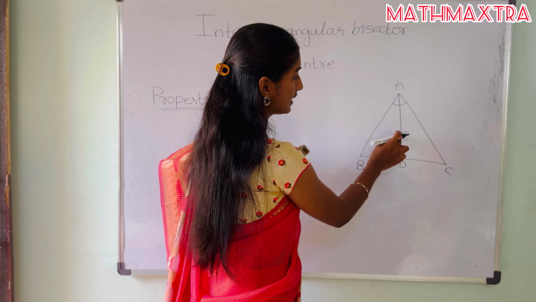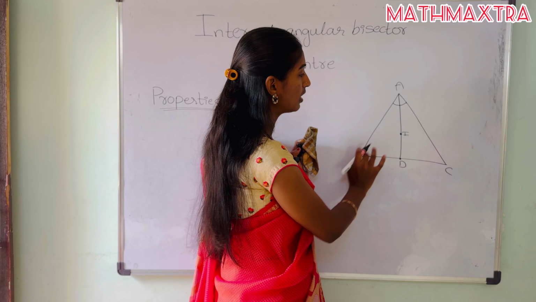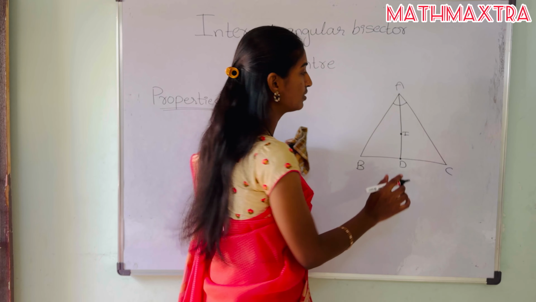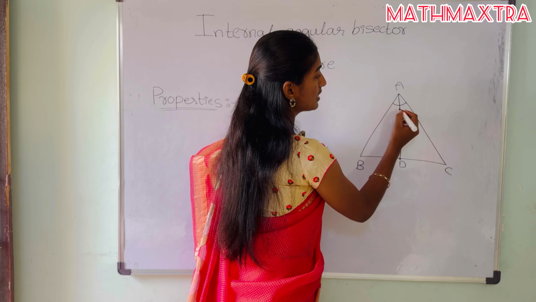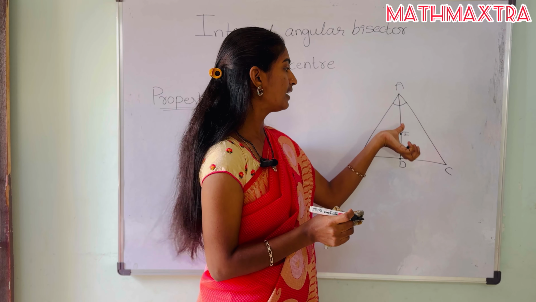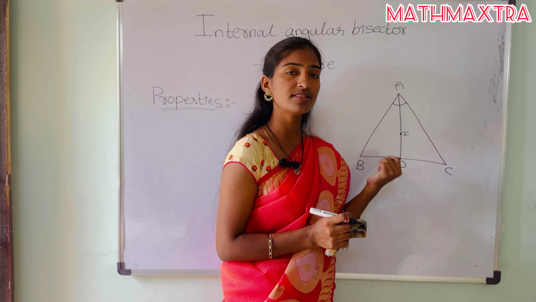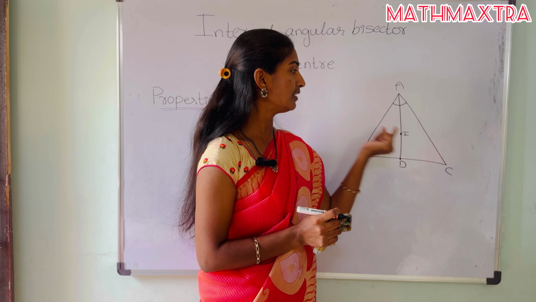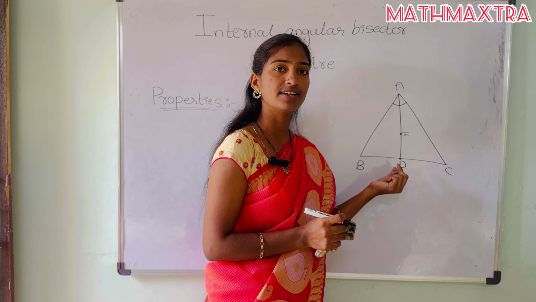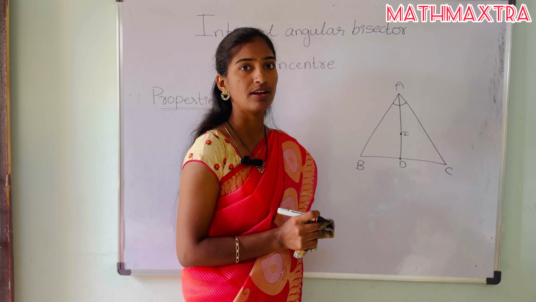So this center is formed by the concurrency of all the three internal angular bisectors. Sometimes he may ask in what ratio this incenter divides this internal angular bisector. So he may ask the question that in what ratio the incenter divides the internal angular bisectors. So that time this property is very helpful.